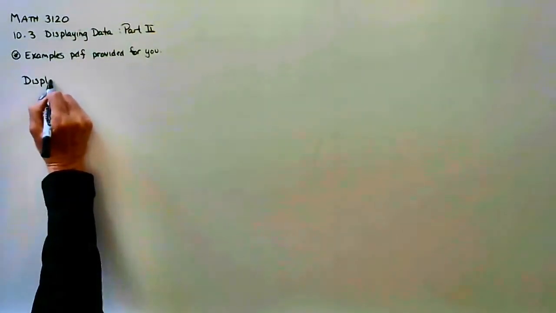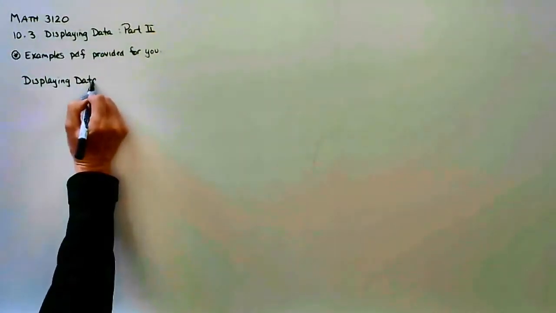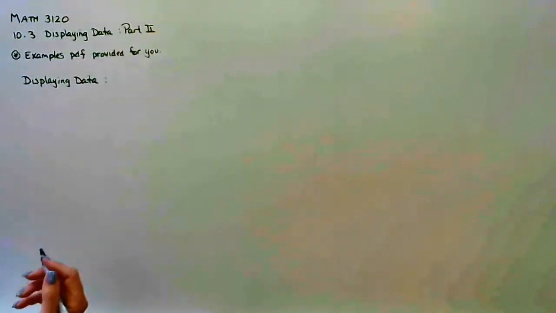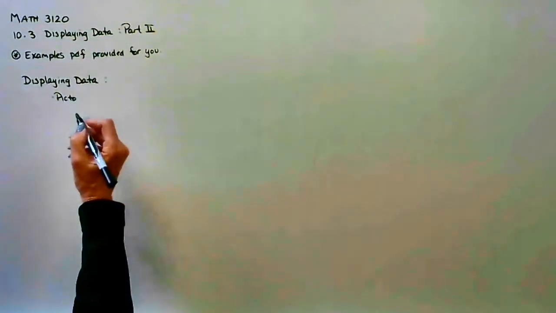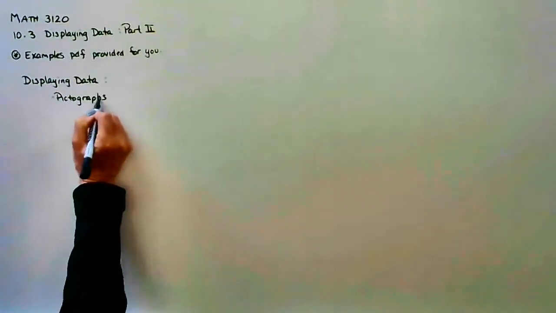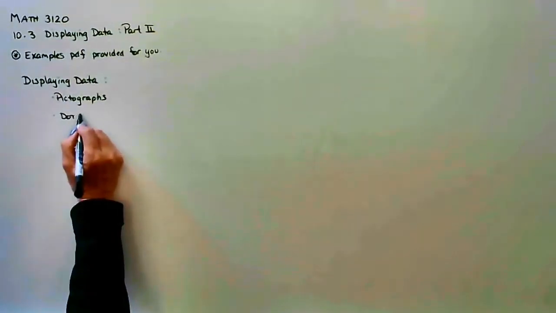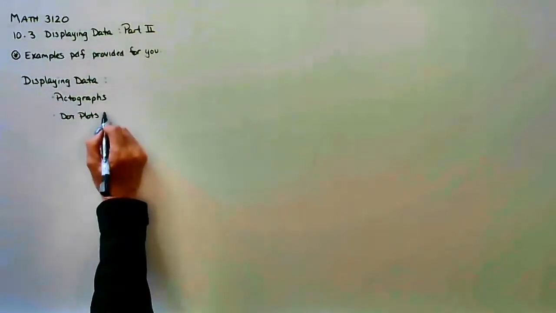So, displaying data. Actually, I'm going to write down the ones we already did. That way you have kind of a huge list to go through it all. So again, we started off with pictographs, and then last time we also talked about dot plots, or we also called those line plots, remember?